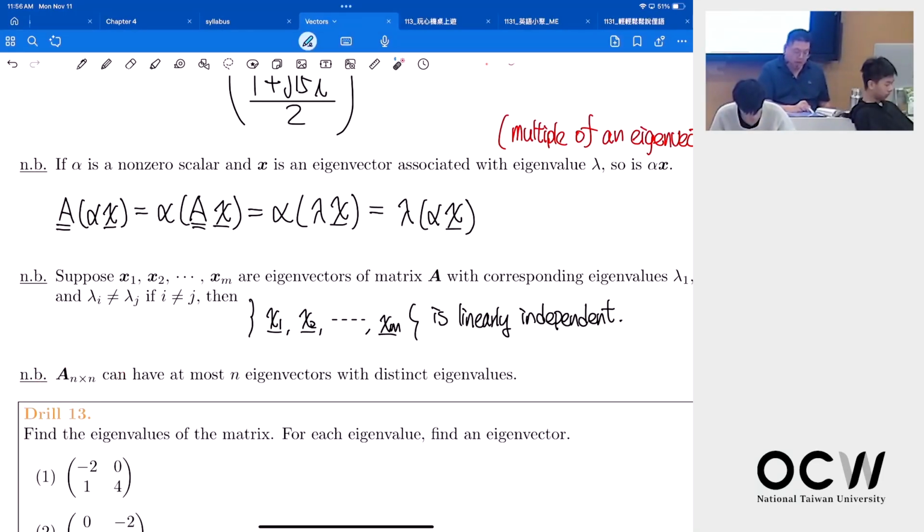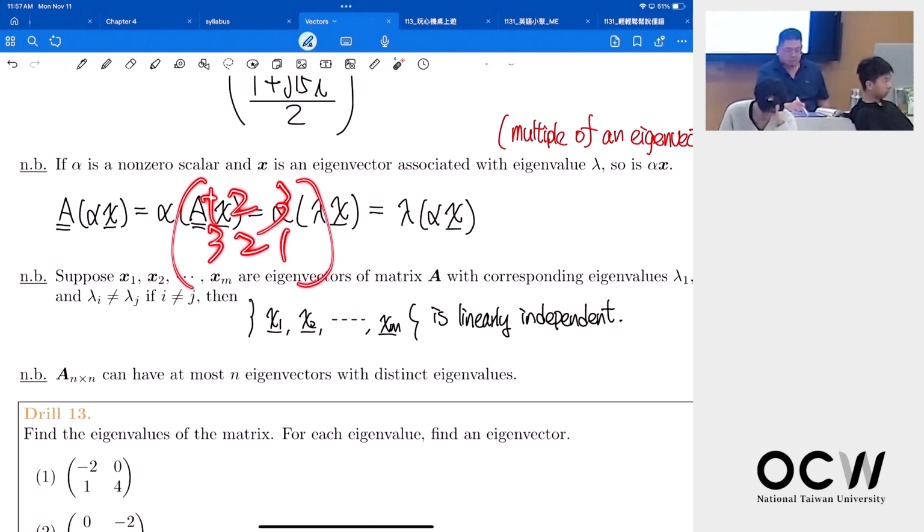Here's a note. For an n by n matrix A, I can have at most n eigenvectors with distinct eigenvalues, because it's only n by n. For example, I have a 3 by 3. I can have at most 3 eigenvalues or eigenvectors.